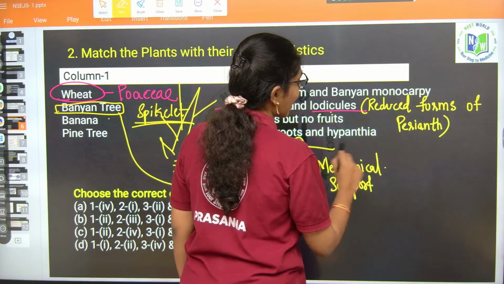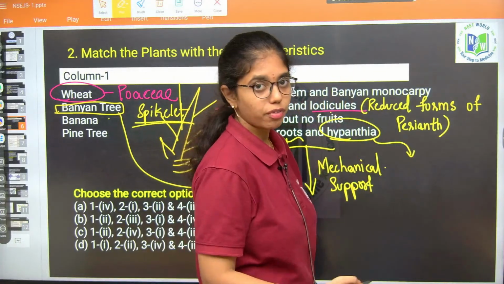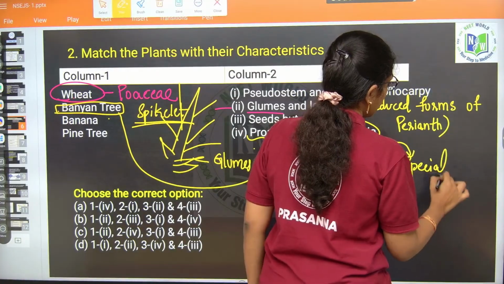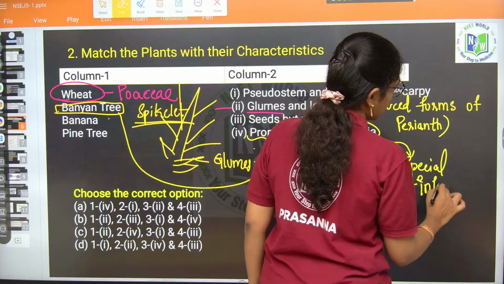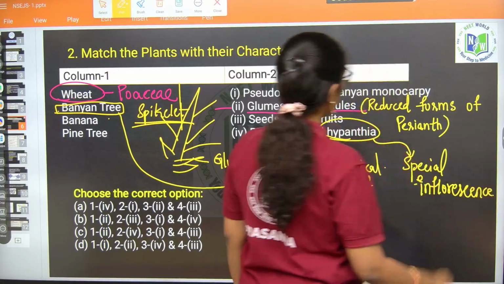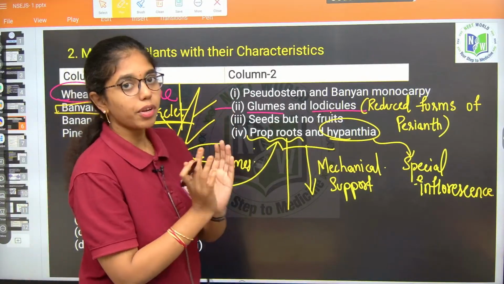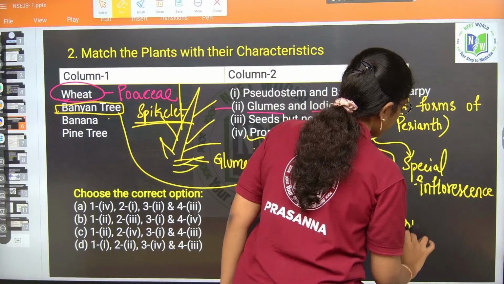And what is hypanthodia? Hypanthodia is a special type of inflorescence where it has an urn-shaped receptacle.